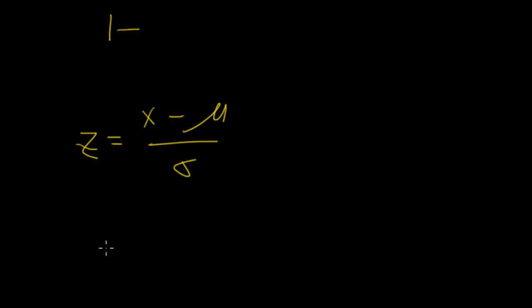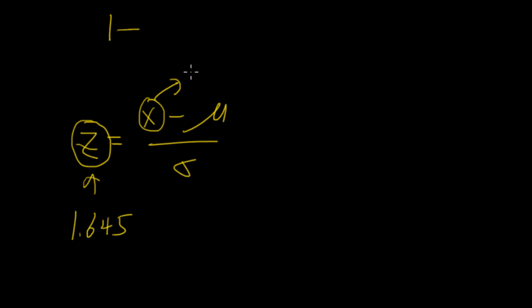In the current question, we know this z is 1.645, but you don't know x. Mu is 15 and sigma is 6, that was the given.